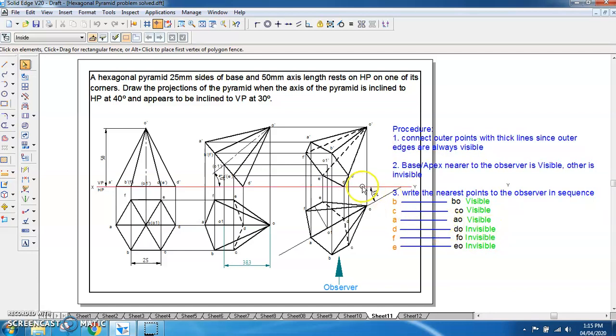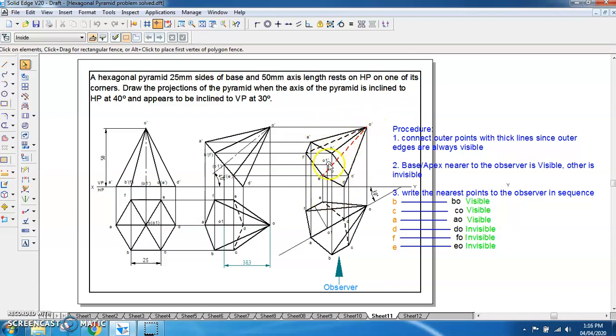So DO is invisible. So D to O is invisible, which is shown here. It is mixing a little bit with CO, that's why you are unable to see it, but DO is marked as invisible. Then the last remaining is AO. AO is visible. AO already forms the outer border and that is marked as visible.